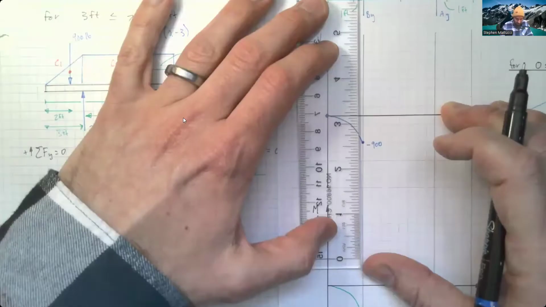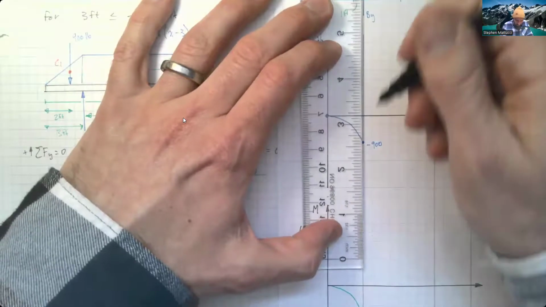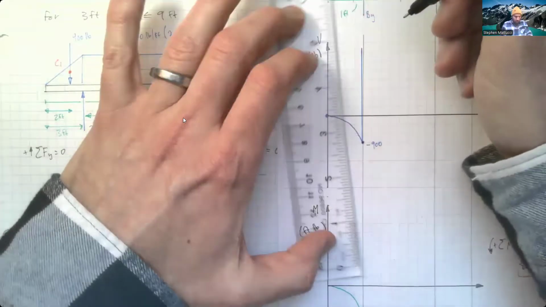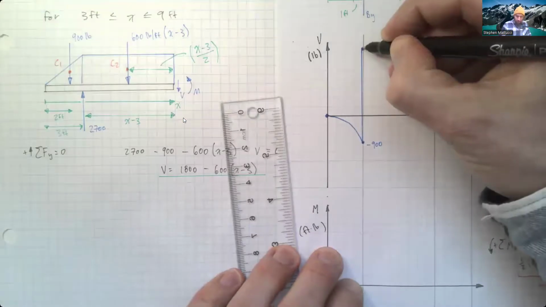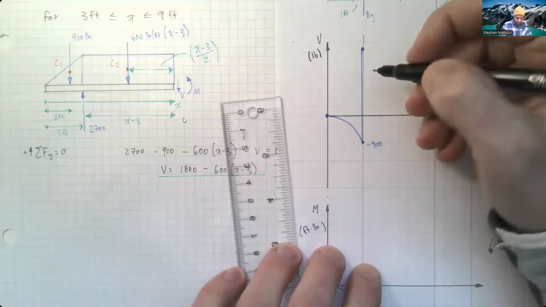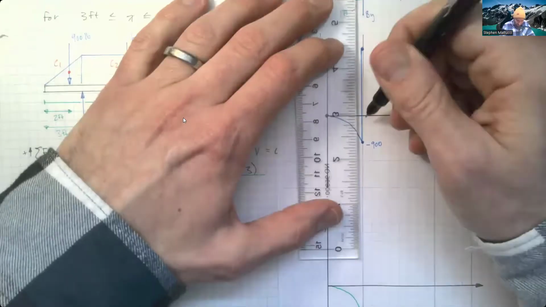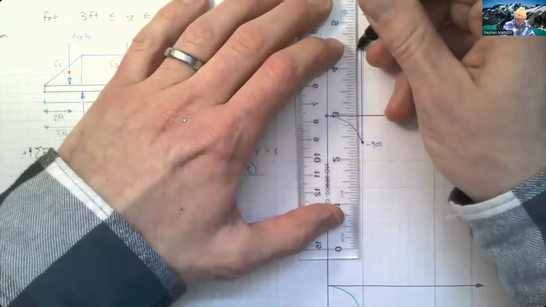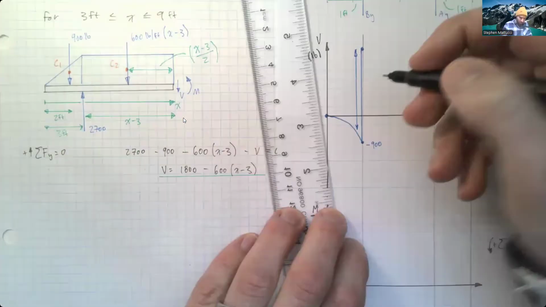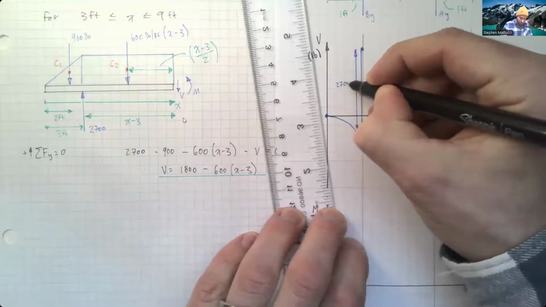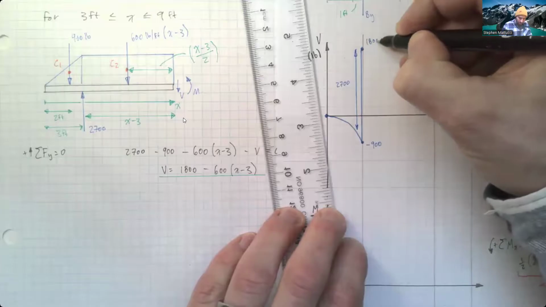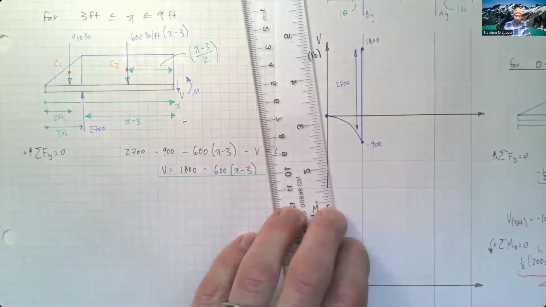It's going to be a step of 2,700 pounds such that it goes up like this. Kind of drifted a little bit off that line, but that's okay. So this step is 2,700, and therefore this value at the top here is going to be 1,800.